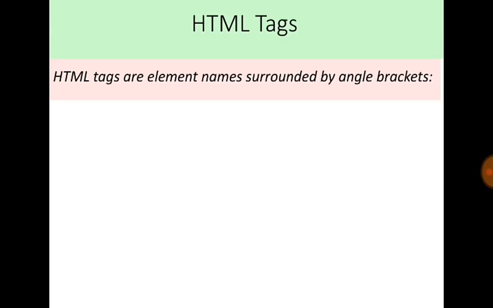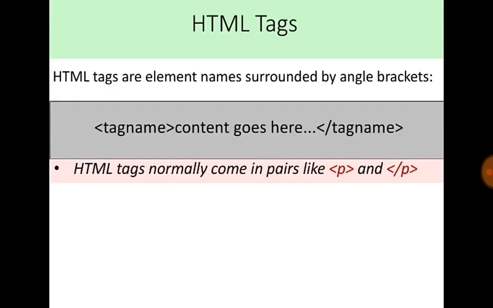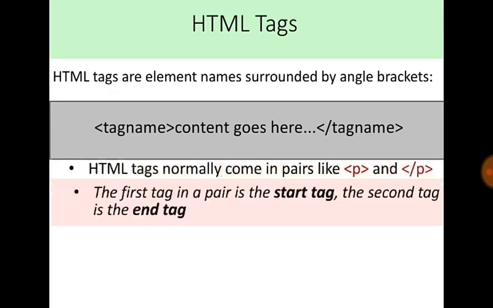HTML tags. HTML tags are element names surrounded by angle brackets. Tag names are contained within angle brackets, and the closing tag has the same name. HTML tags normally come in pairs, like the opening tag p and the closing tag p.